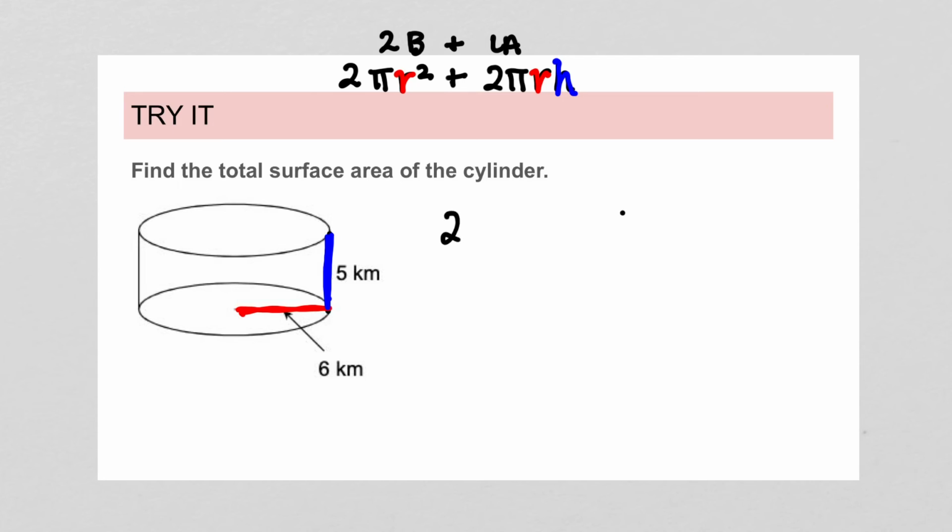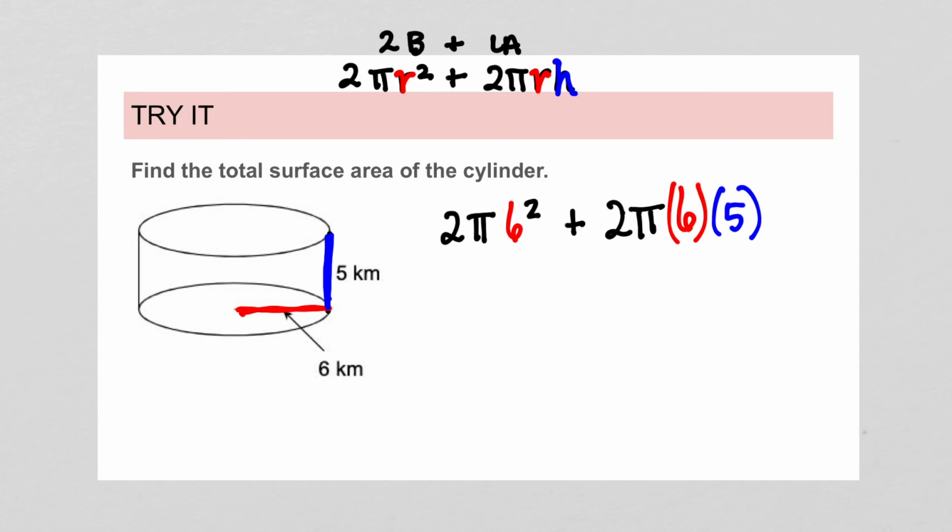I've got 2 times pi, and instead of r, I'm going to write what my r is. That's 6, and I have to square it. I'm going to add to that 2 times pi, and again my r is 6, and my height is 5.